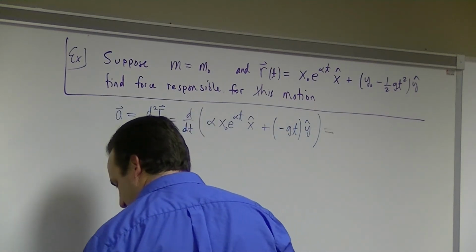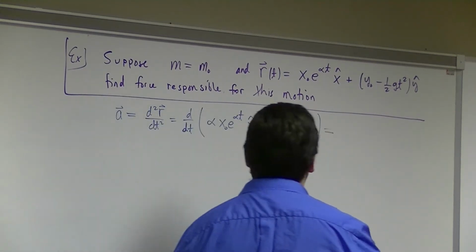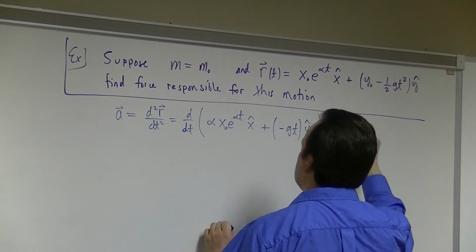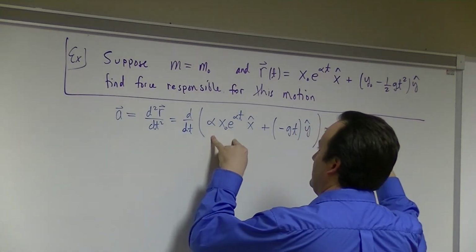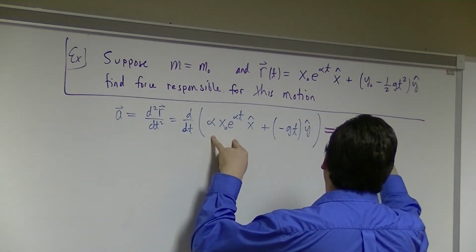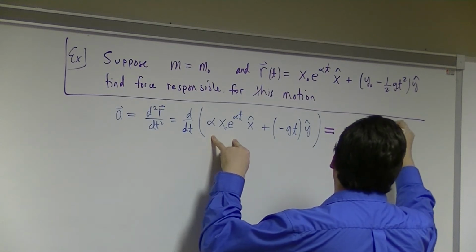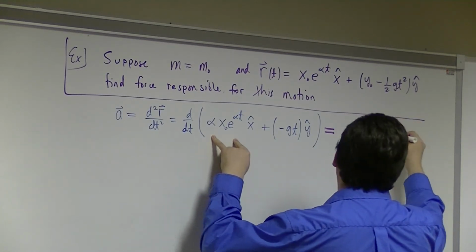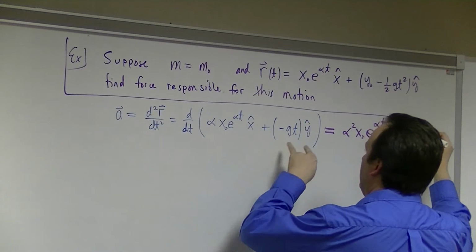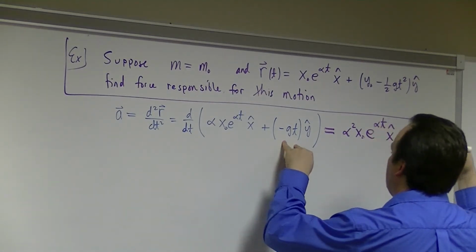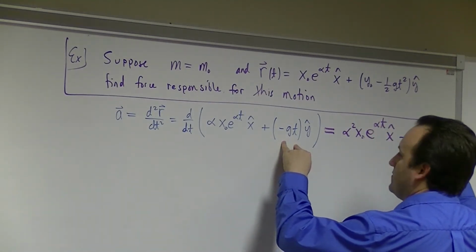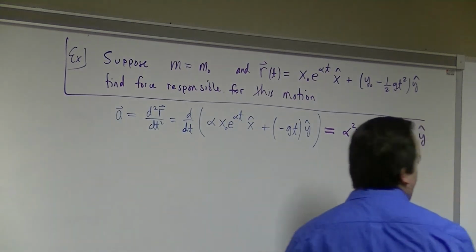New marker. And that's equal to, my excitement was premature. That is equal to, so differentiate this again, what you get, alpha squared x naught e to the alpha t x hat just rides along, right? And what's the derivative of minus g t? It's just minus g y hat, right?